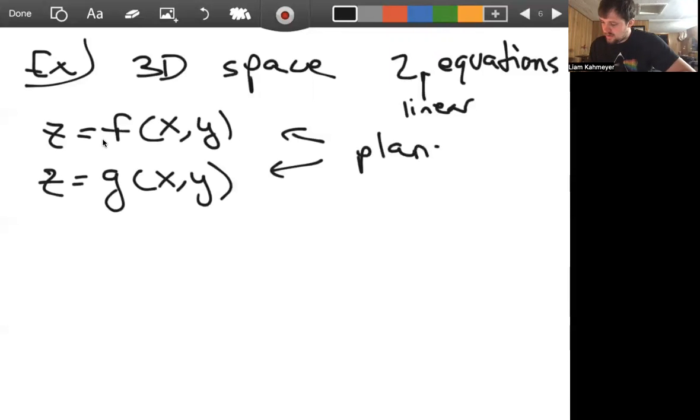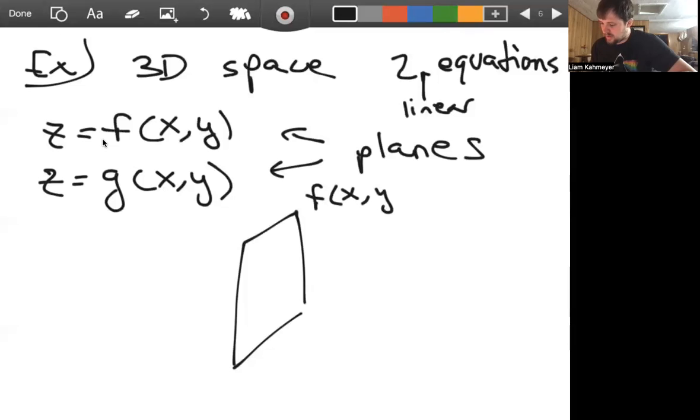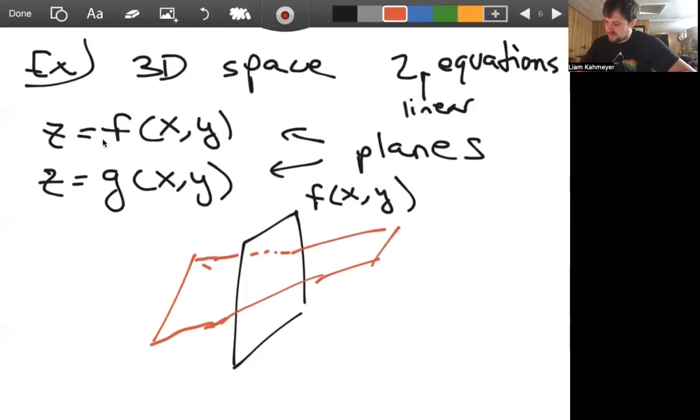I won't draw the coordinate axes. So here we have a plane, let's call this f of x, y, and then we have some other plane here intersecting maybe like this. And we can call this one g of x, y.